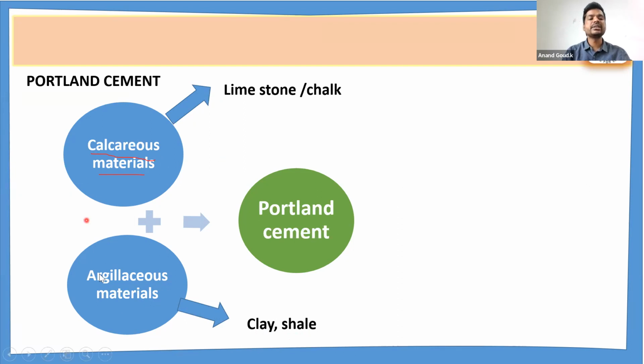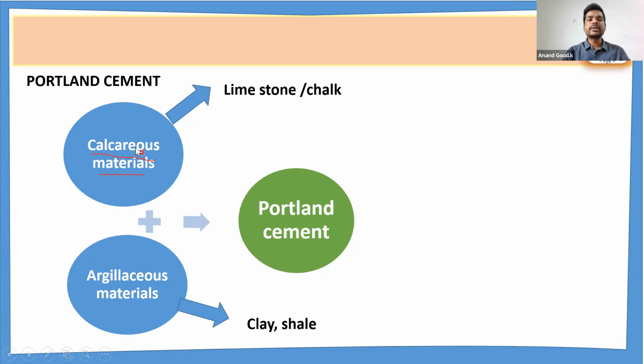By combining these two materials, we are going to produce Portland cement. These are the major materials. Along with these, we may add some other materials also, but the percentage of those will be very, very less.